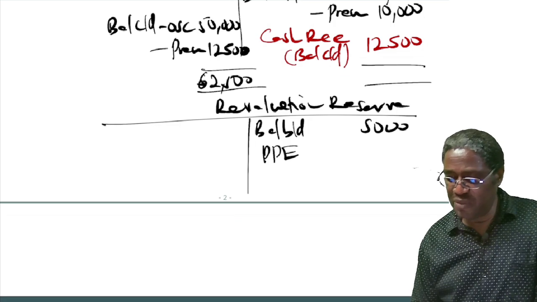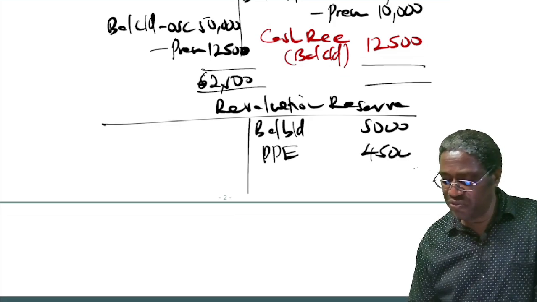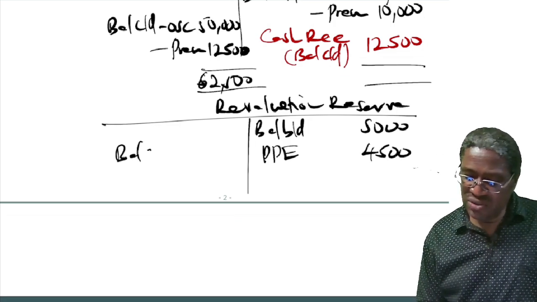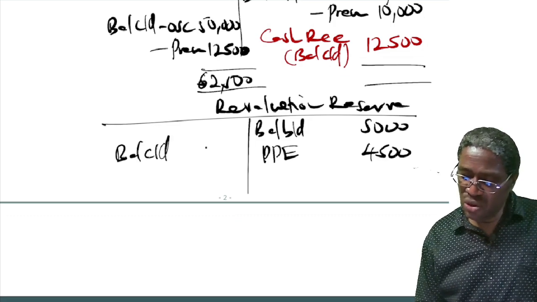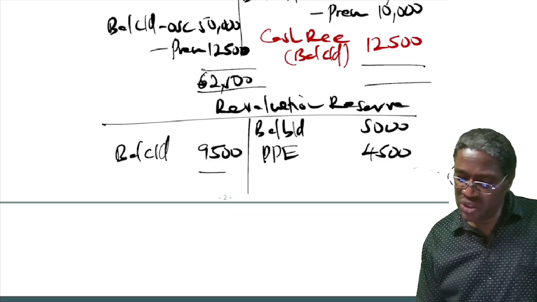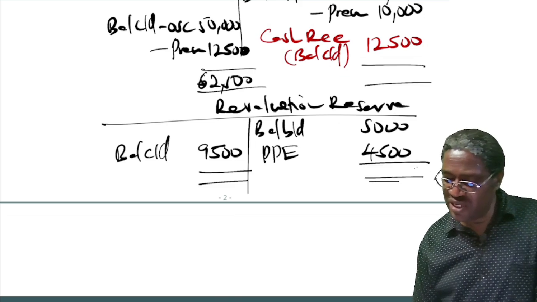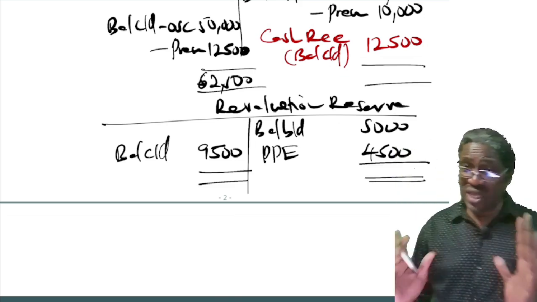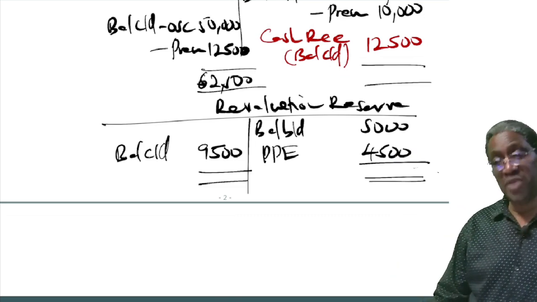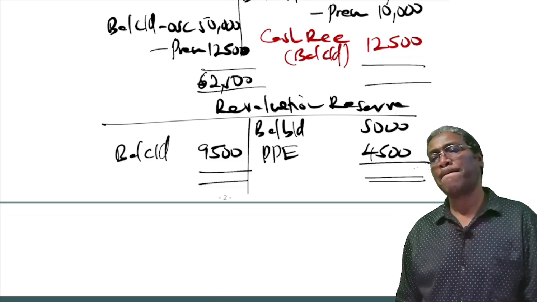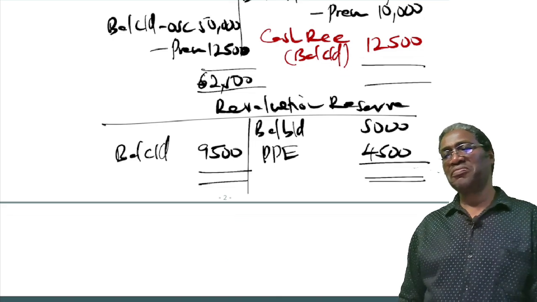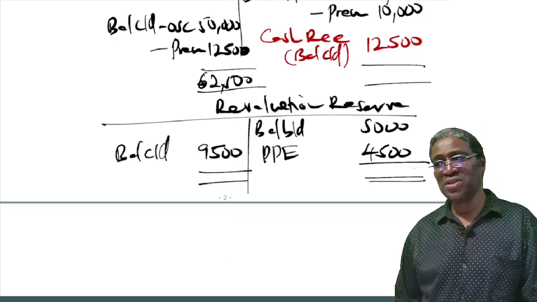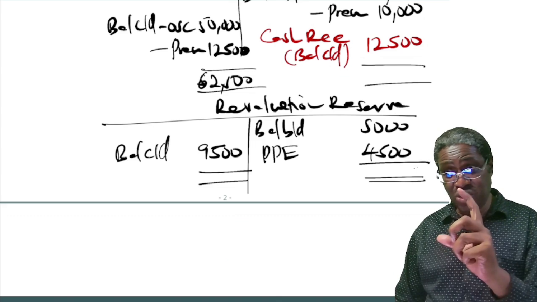We say property, plant and equipment, 4.5. So we are carrying down a balance of 9.5, which is exactly what we are given at the end of the year. This means there is nothing affecting P&L. Good. Let's move on. We have analyzed the revaluation.